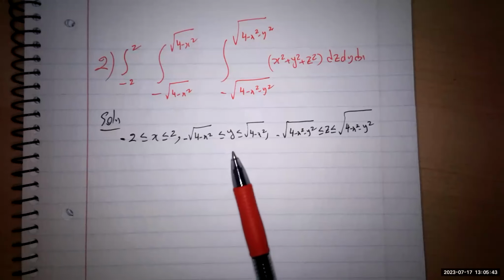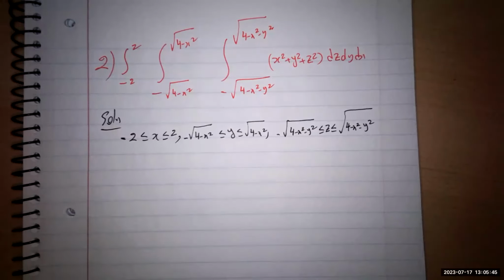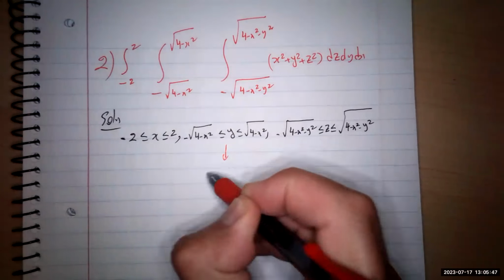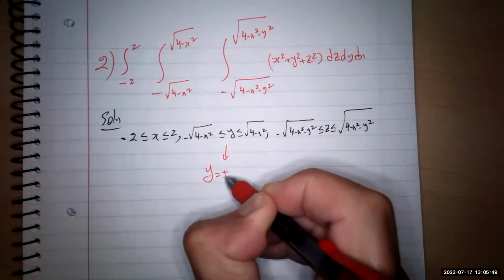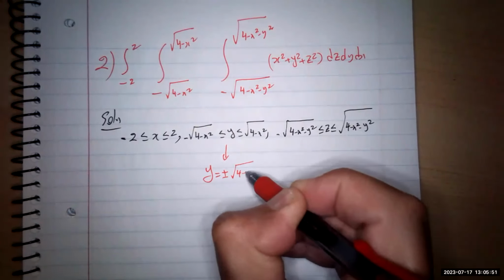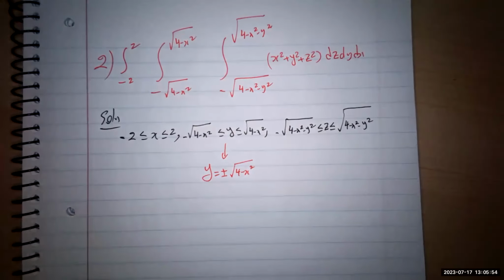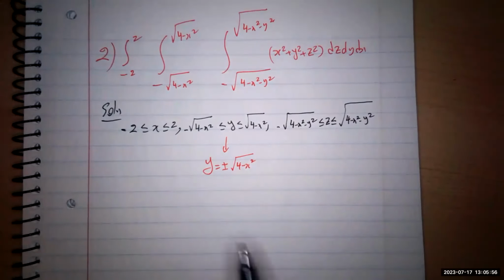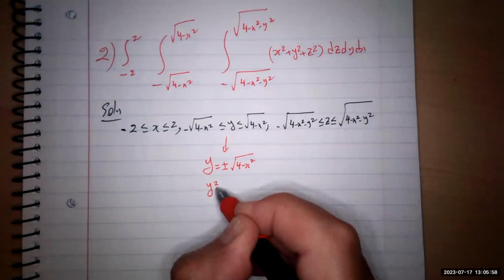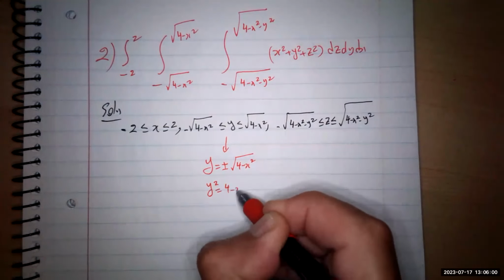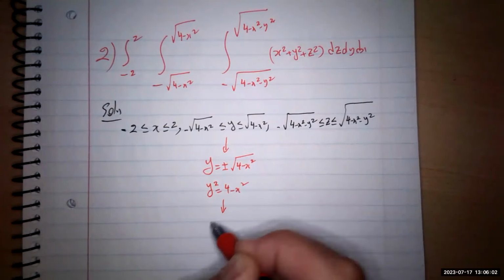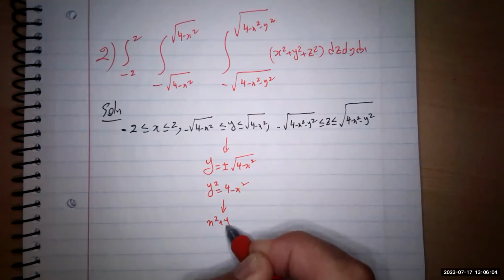We start from y, which gives the lower semicircle and the upper semicircle. Then you square it, which gives 4 minus x squared, and you move it to give x squared plus y squared equal to 4.